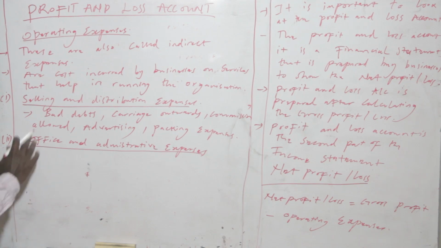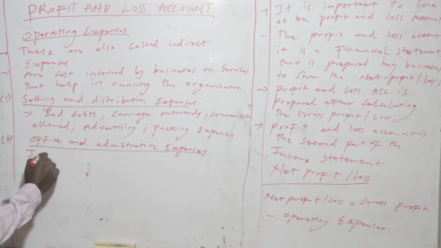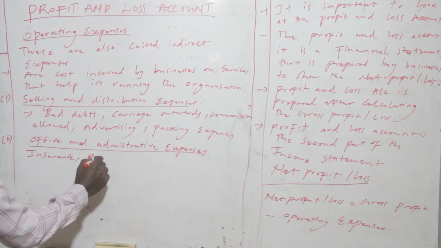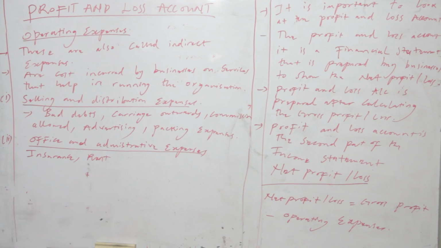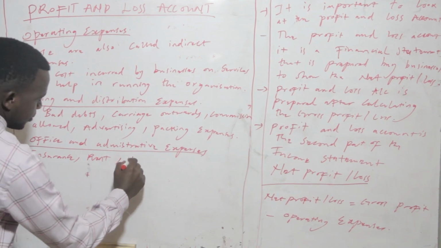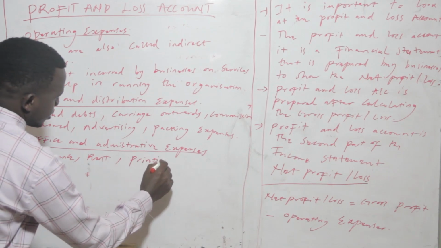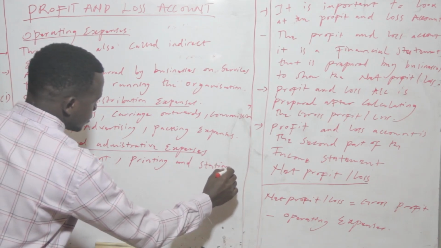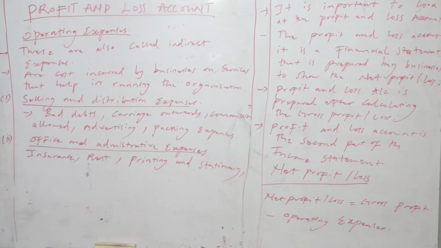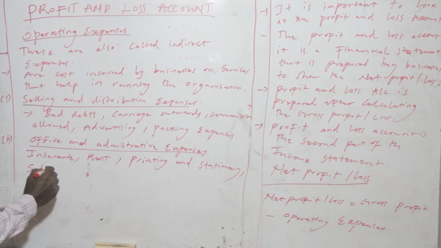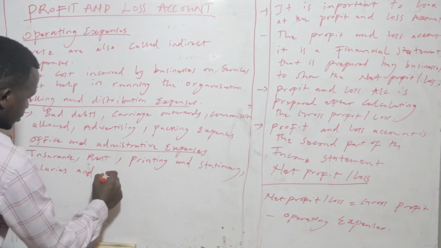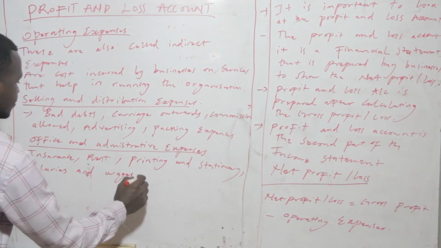Here we are looking at insurance, rent, printing and stationery, salaries and wages, and many more.